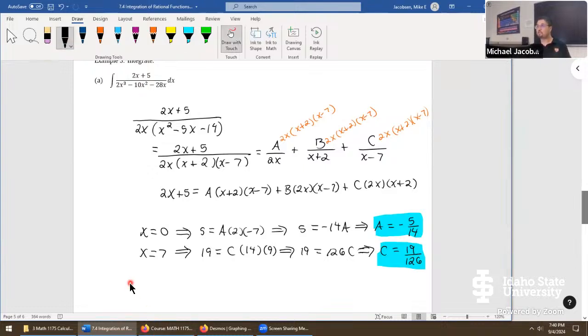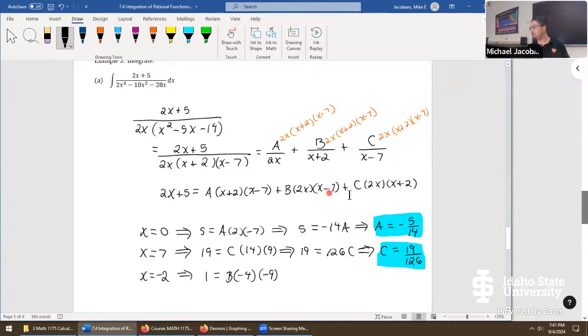Any volunteers for the last best choice for x? Absolutely. Let's take x is -2. That would give us -4 plus 5, so +1 on the left, and the a coefficient is wiped out. The b coefficient is alive, so this will be b times -4 times -9.